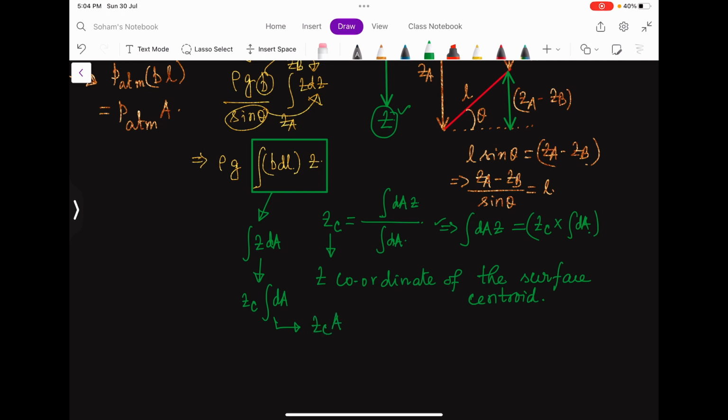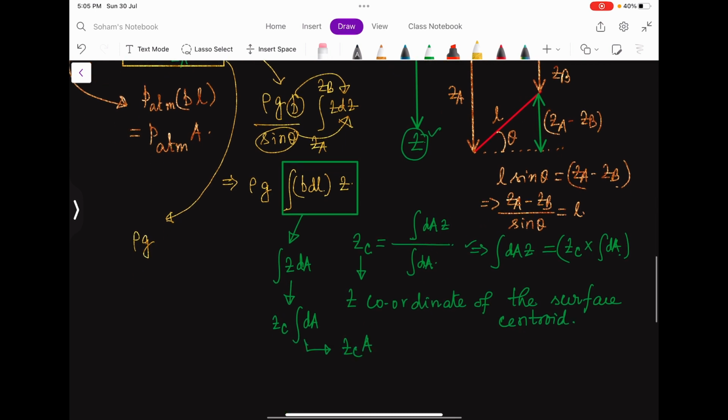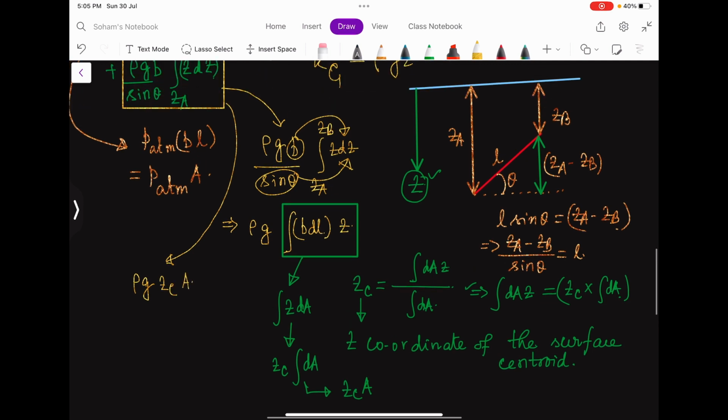So this total expression becomes rho g into zc into area. Now I have this plus this, so Fp equals P atm plus rho g zc, into area.